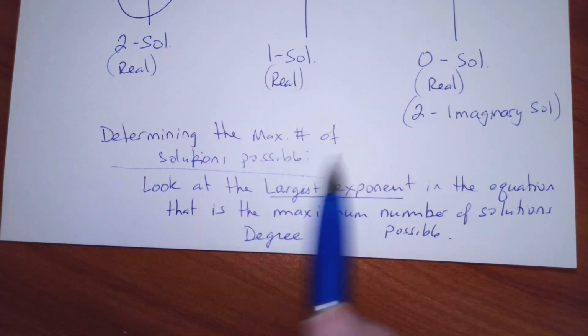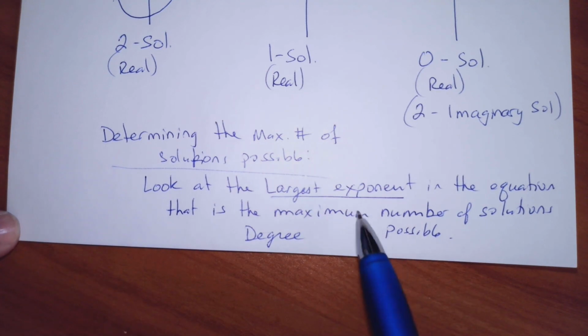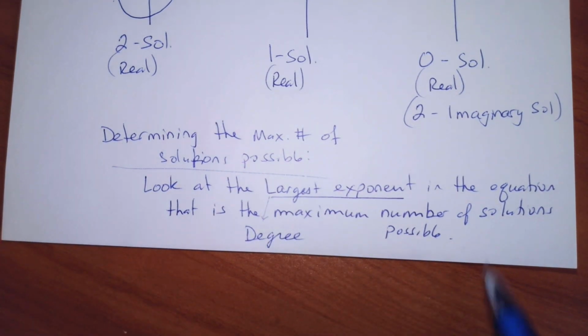So to determine the maximum number of possible solutions, look at the largest exponent, the degree of the equation. That tells you the maximum number of possible answers.